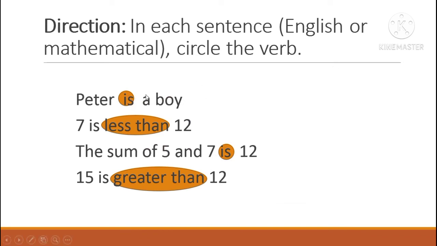So, Peter is a boy. You see here our verb is the word is. Next, 7 is less than 12.